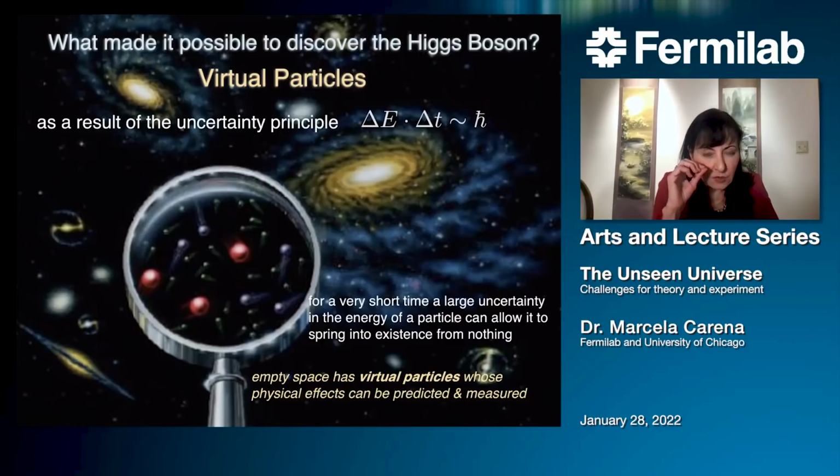And so this allows the particles to spring into existence from nothing. So this means really that empty space has virtual particles whose physical effects can be predicted and measured. This, at least for me, mind-blowing feature of the quantum world plays a crucial role in all the experiments that we do in particle physics.